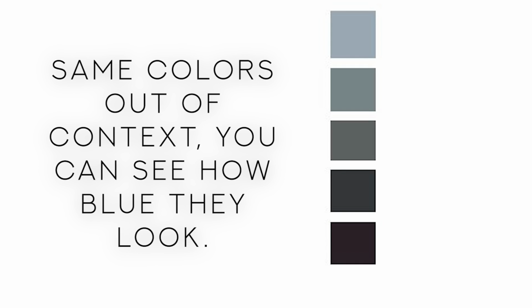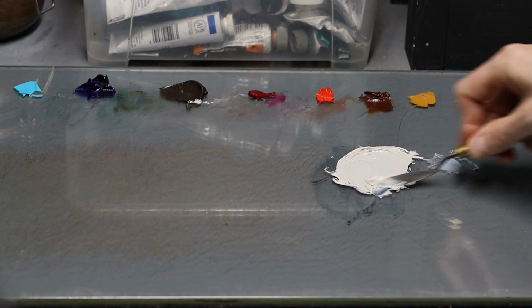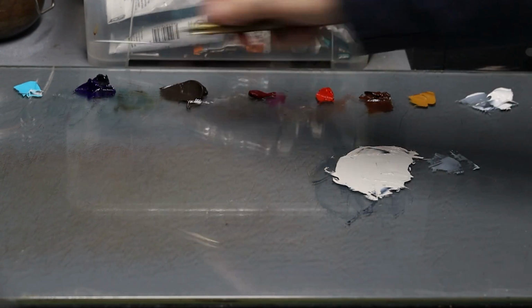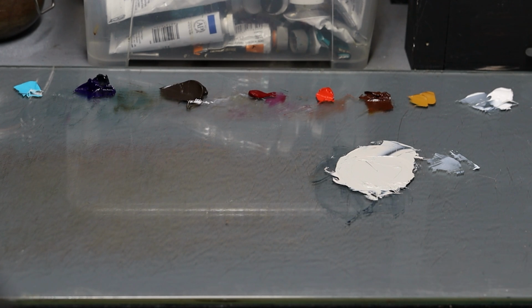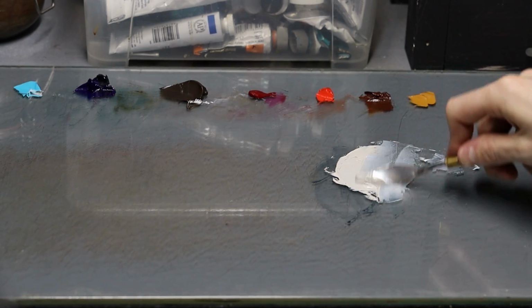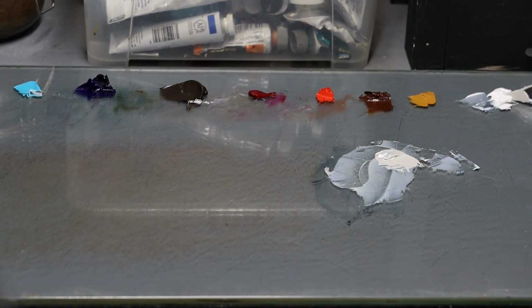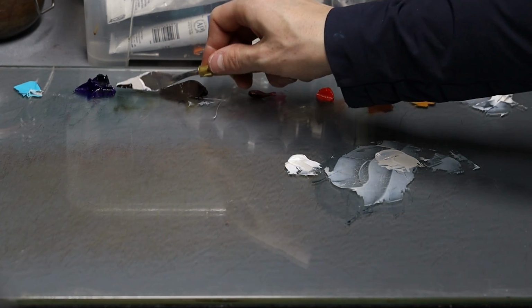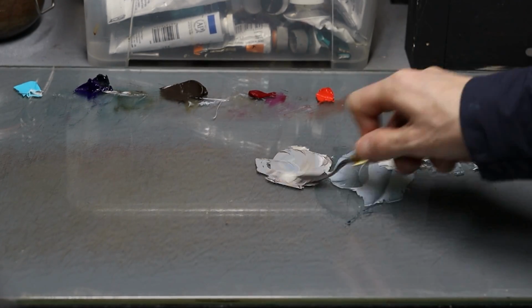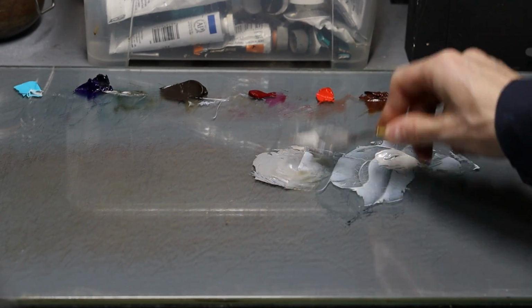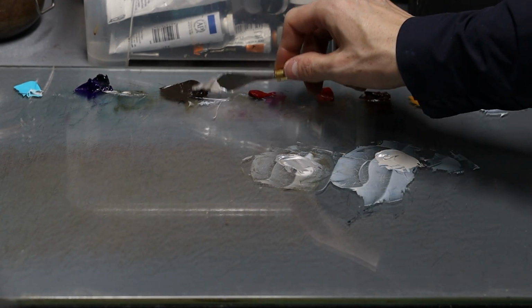It can be in movies, TV shows, video games, whatever. Just try to find a color set that fits the type of emotion you want to convey. So right now I'm going to mix my flesh tones, but I need to adjust the gamut to make it match my very cold setting, the scene that I want to create.